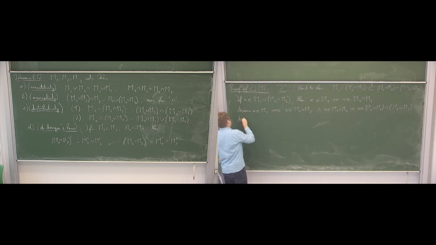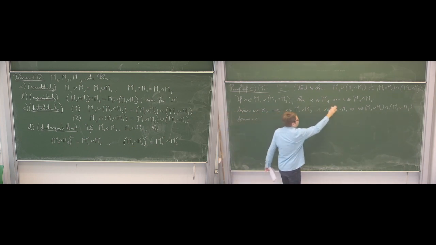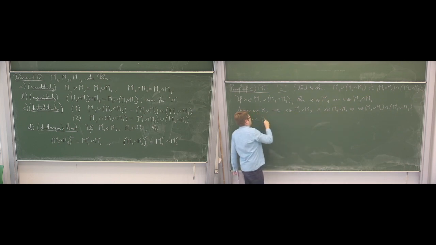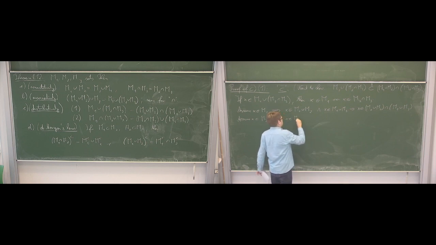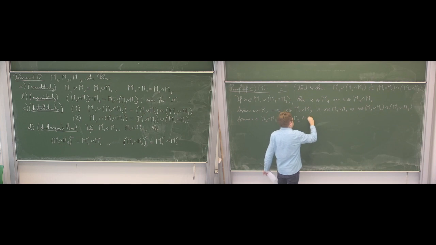Now let's consider the other situation. If this is not true, we need to study the other case: x is in the intersection of M2 and M3. So this means, just by definition, x is in M2 and x is in M3.